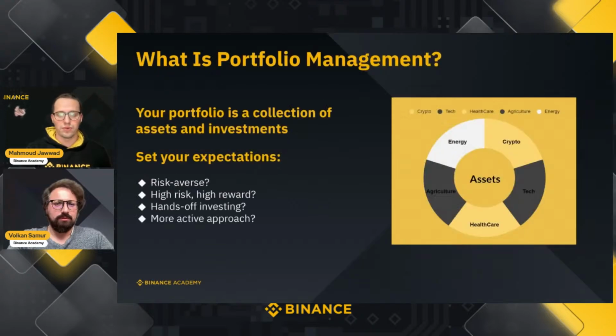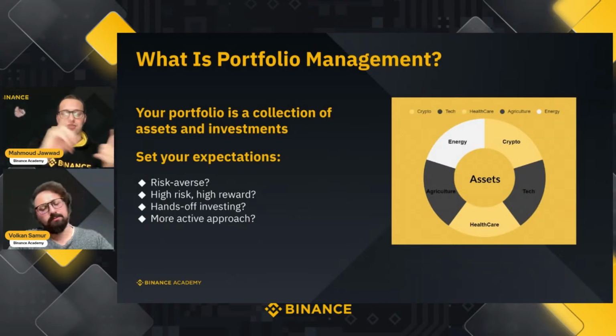So what is portfolio management? If you imagine, a portfolio is a collection of various assets and investments. Just like you can strategically manage your individual assets or investments, you can also strategically manage your portfolio as a whole. A portfolio can contain real estate, stocks, cryptocurrencies, and even trading cards. You have some trading card games such as Pokemon.